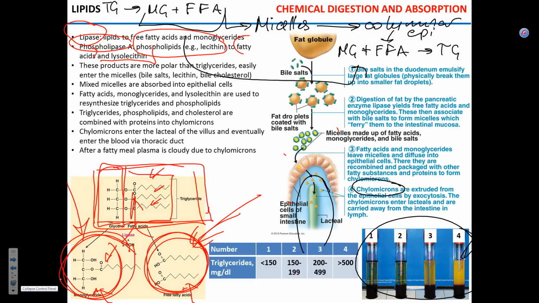Okay. Now you can see, we have four tubes here in the right bottom corner: 1, 2, 3, and 4. And this is the triglyceride content in each of the samples. And you can see as we progress to the higher triglyceride content, you see how cloudy plasma becomes.